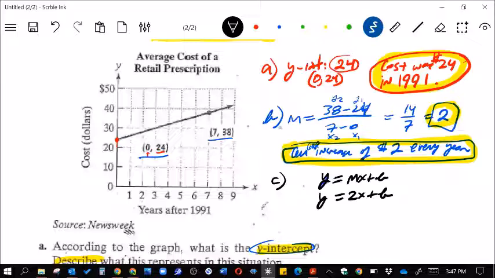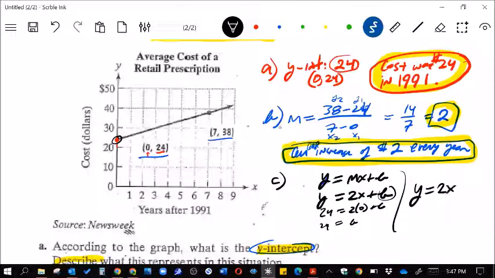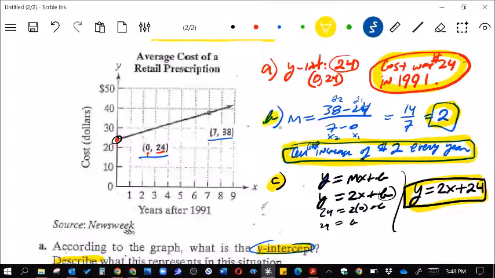All we need now is to put in one of the points. And actually, the y-intercept for b is already here. We know the y-intercept is 24. And if I did 24 and 2 times 0, I would get b is equal to 24. So that means I can say y is equal to 2x plus 24 for the equation. Okay, so that's part C.